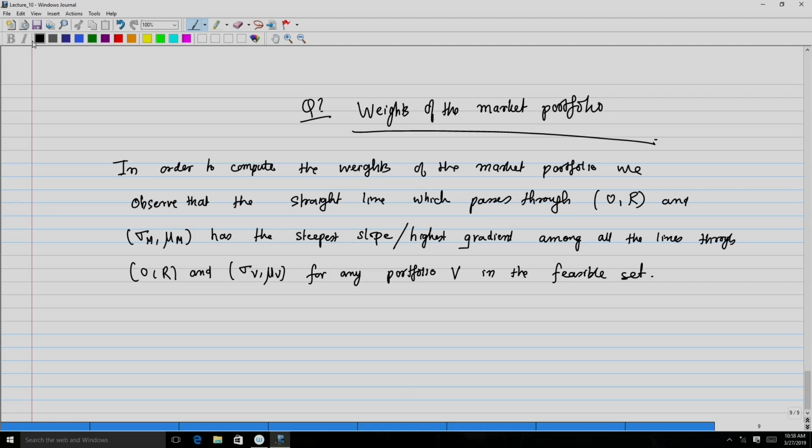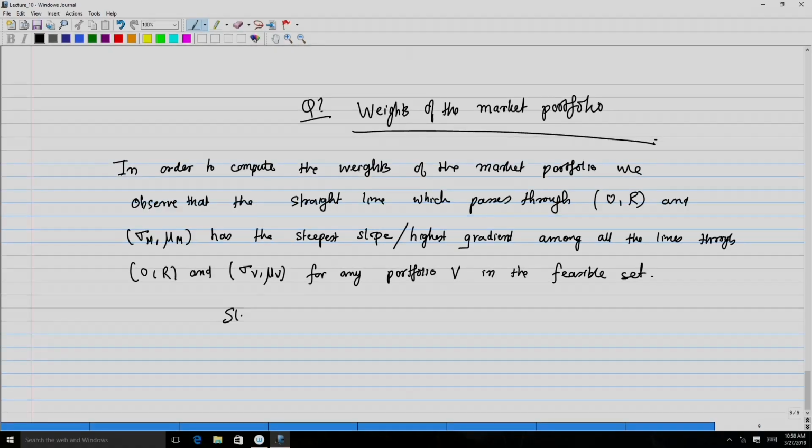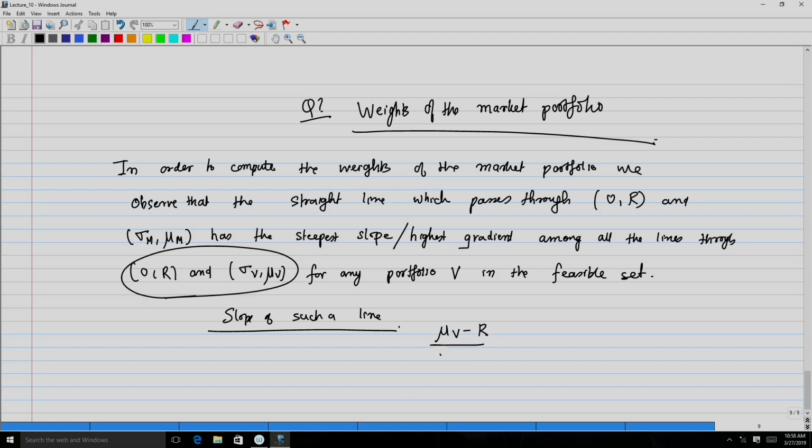So, accordingly, if I just take any line that connects (0, R) and any generic portfolio (sigma_v, mu_v), then what is going to be the slope of that line? The slope of such a line is obviously given by (mu_v minus R) over (sigma_v minus 0).